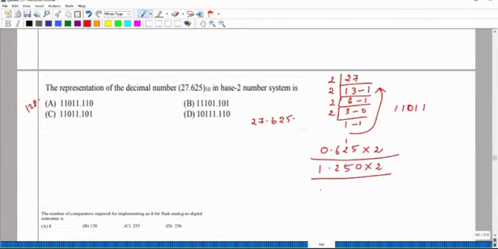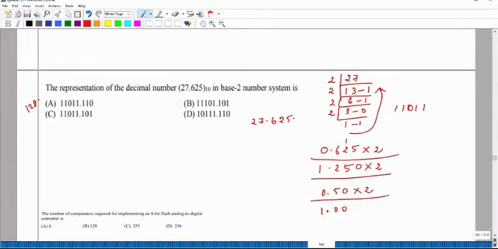If I multiply this one, I will get 0.50. Again, if I multiply by 2, I will get 1.0. So you have to stop when after the point the digits are 0, 0, 0, 0.